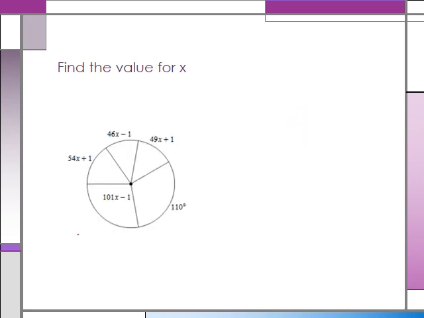All right, so now, even though this angle measure is 101x, we know then our arc is 101x minus 1. The whole circle is 360 degrees. This is 110, so all of my arcs add up to 360 minus 110, or 250.